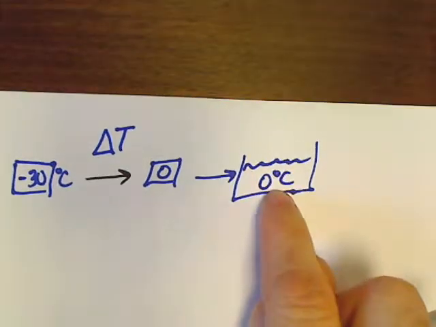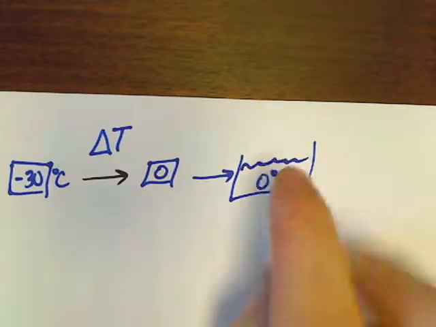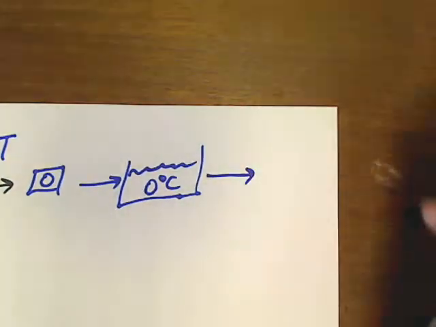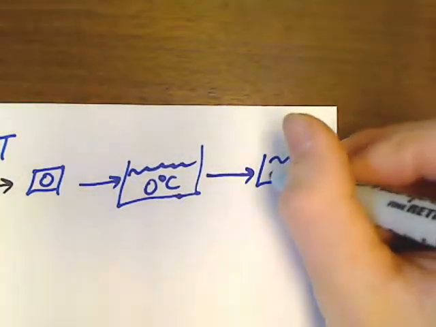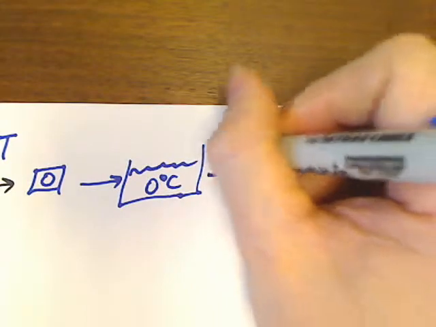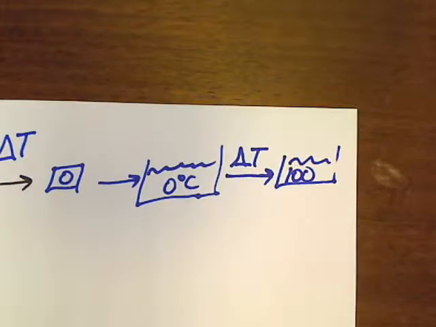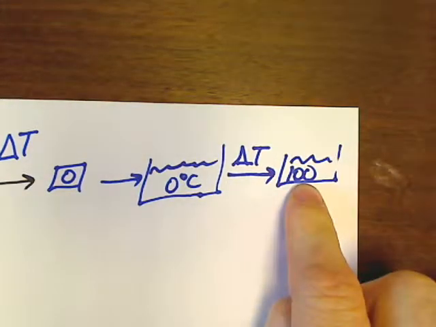Well, before you can get this water into steam, you've got to make this water get to boiling. So before you can get steam, what's got to happen to the temperature of that water? Notice what I'm doing, another delta T. You've got to change the temperature of the water again.